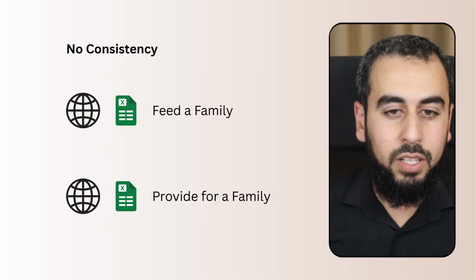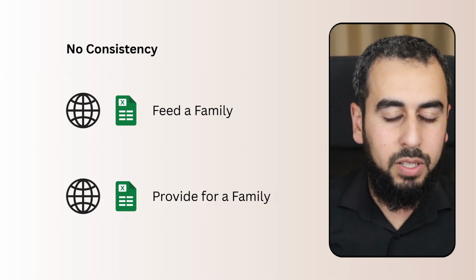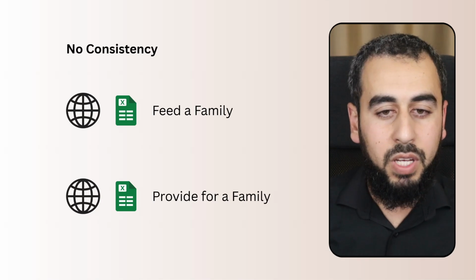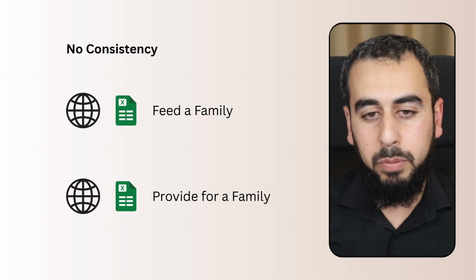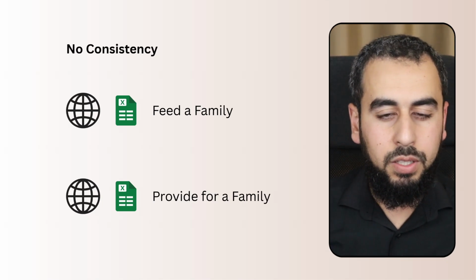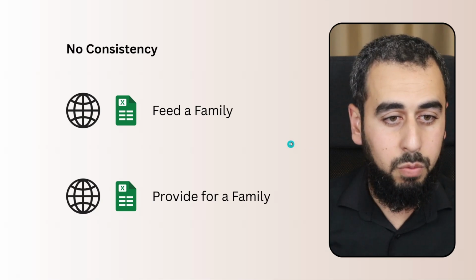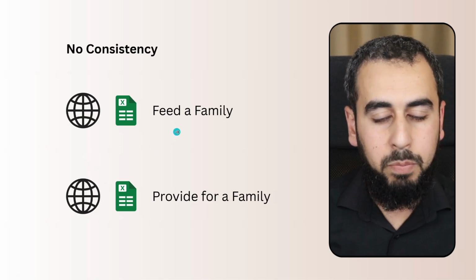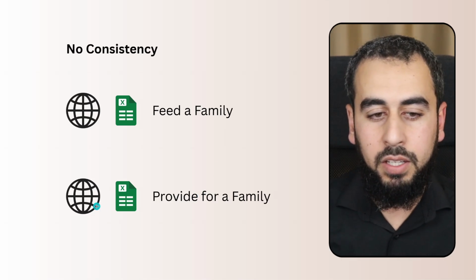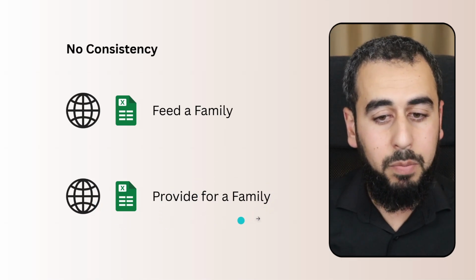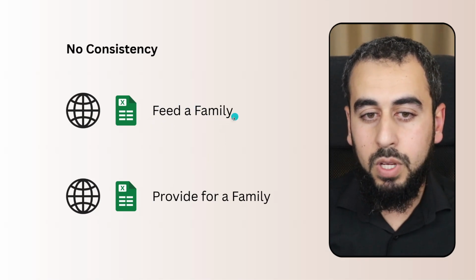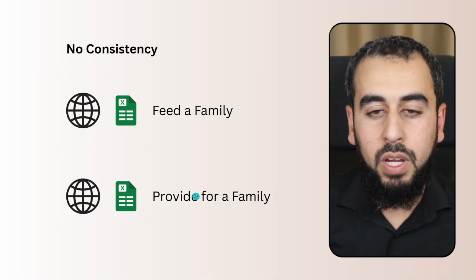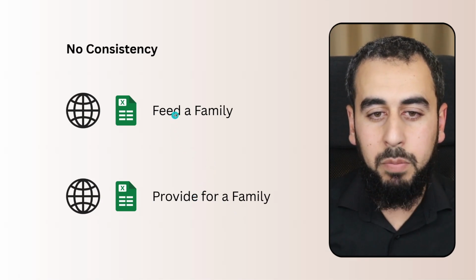And while doing this, we didn't just not consolidate, but we also sometimes use different names for funds, or designations, in multiple places. So we would have 2 different platforms. In one platform we say feed a family, and in another platform we say provide for a family, even though these 2 funds are the same, but for whatever reason, we ended up naming them differently.